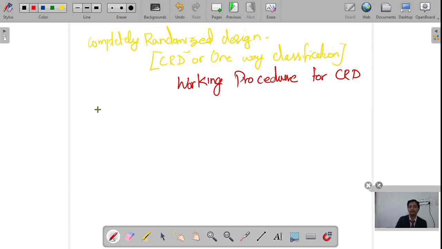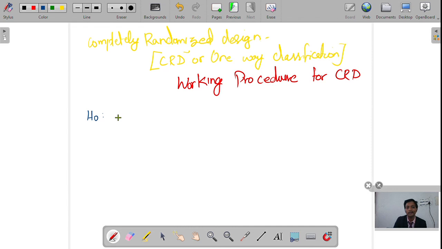If you are looking at a problem in CRD, first we need to write the null hypothesis H0 and the alternative hypothesis H1.